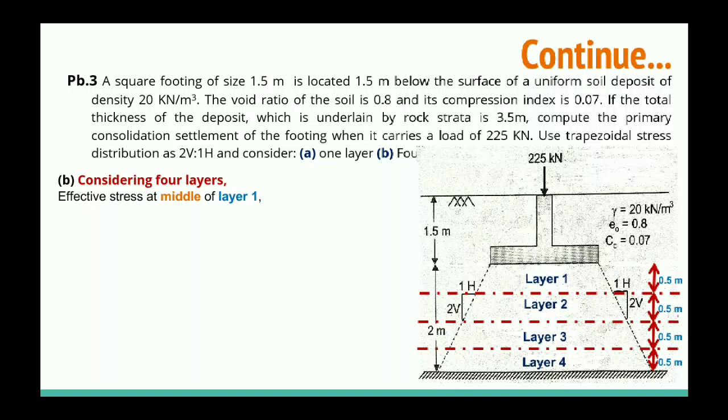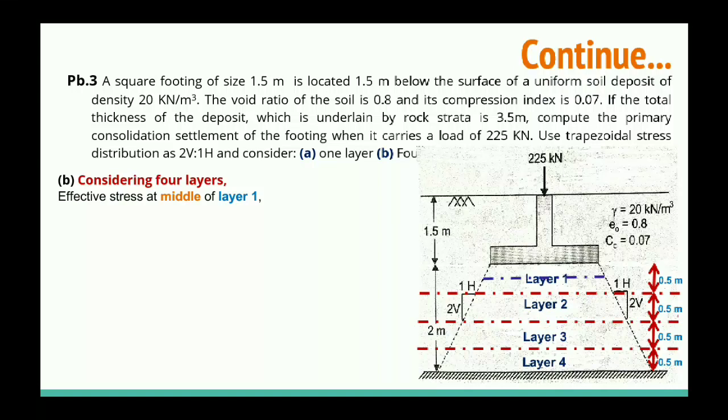So now we are considering layer 1, and we are calculating the settlement for layer 1. We have to calculate the change in the effective stress at the middle of this layer 1. Don't be confused. So we have to calculate the change in the effective stress at the middle of layer 1.